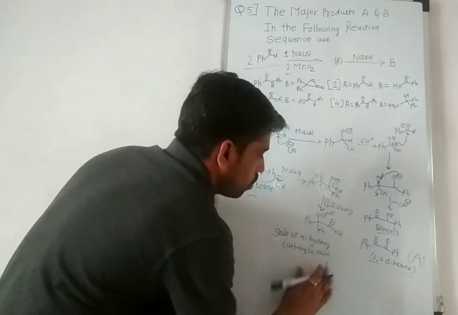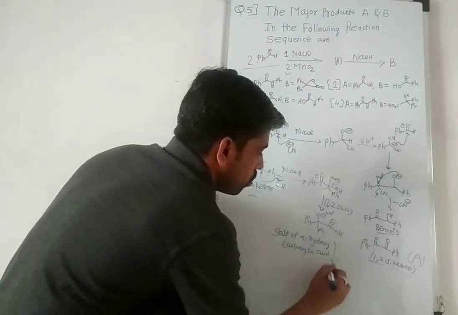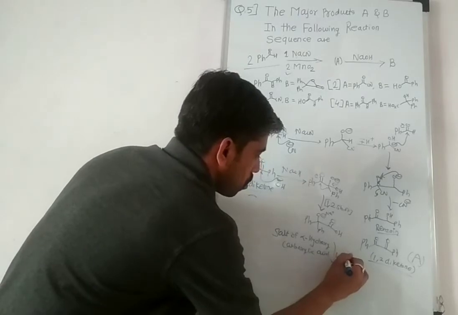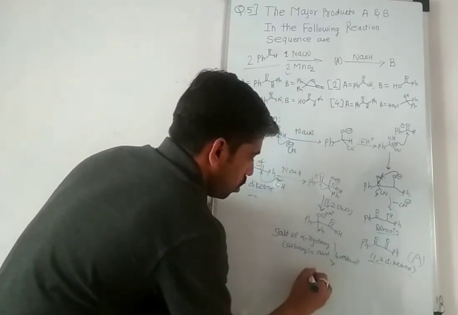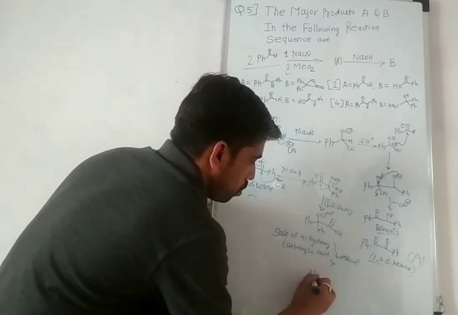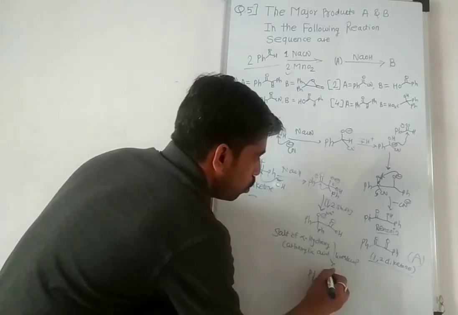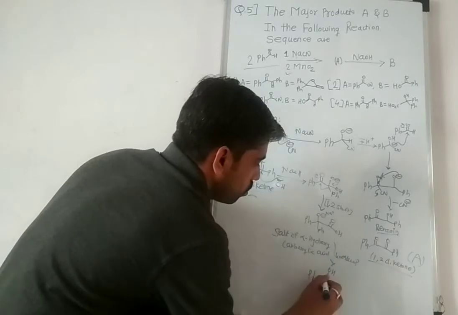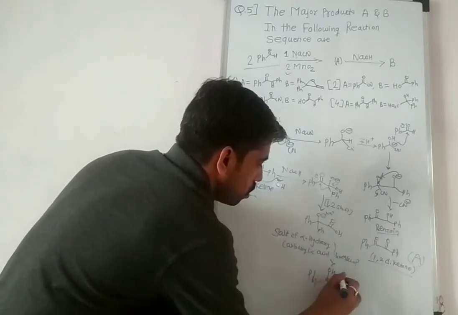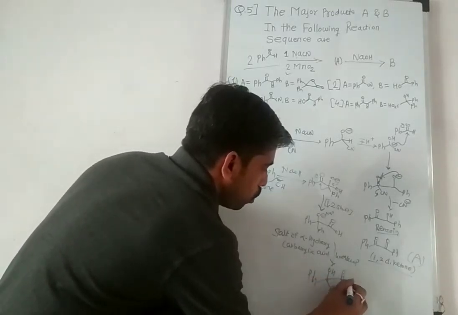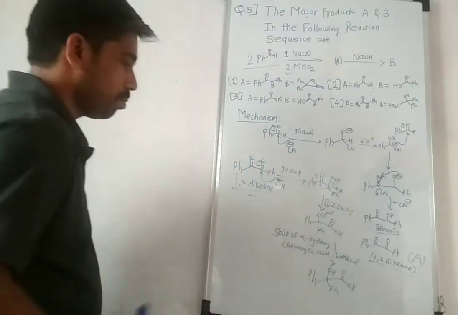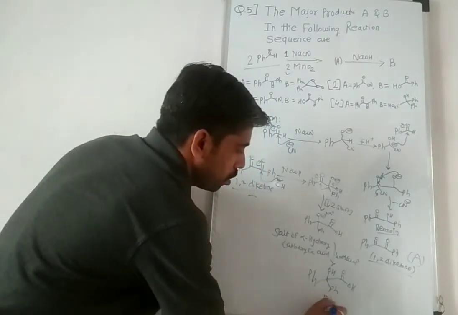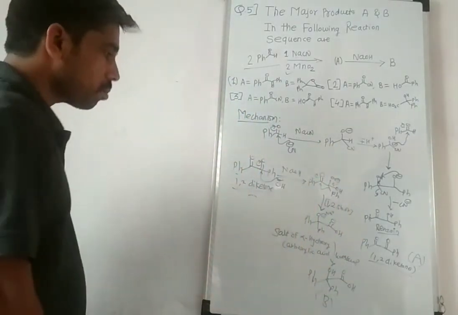On work up, it gives Ph, OH, Ph, then C double bond O, OH. This is our B product.